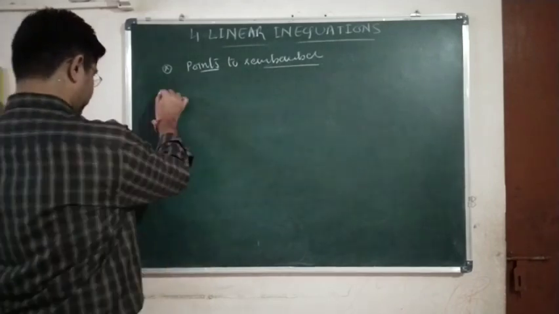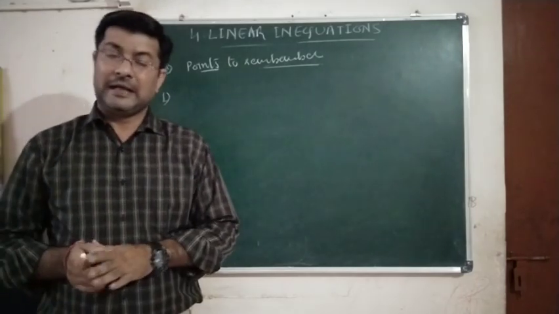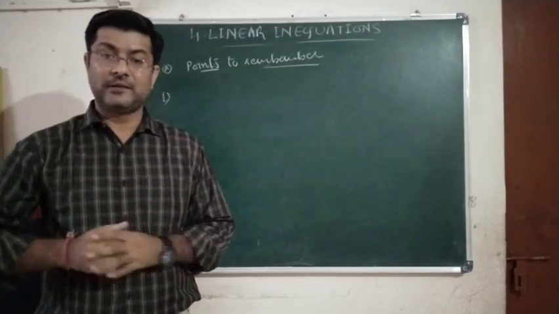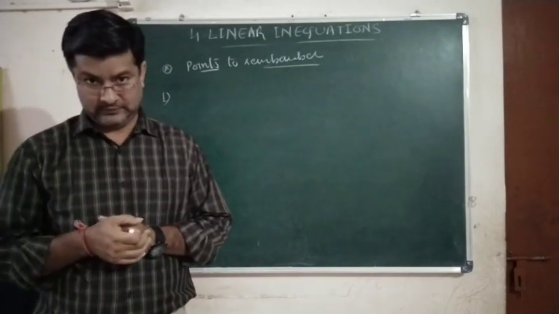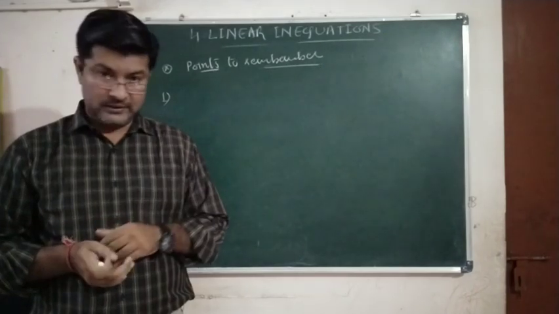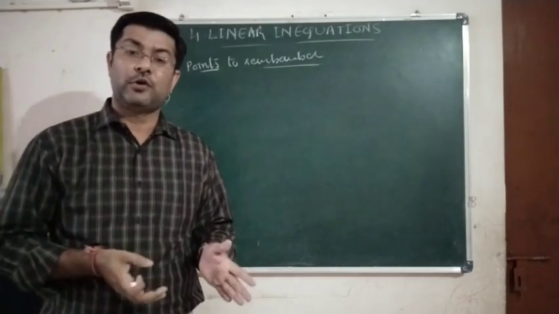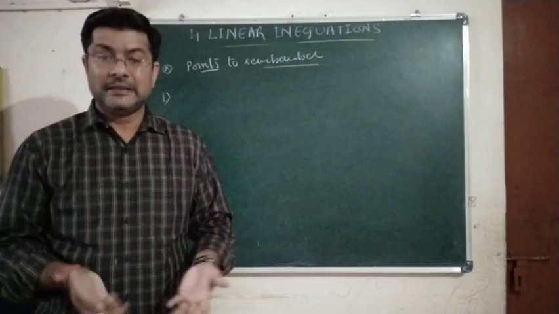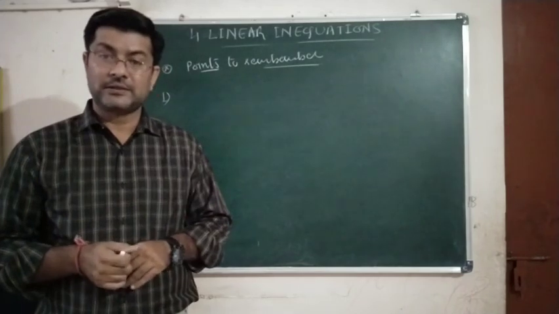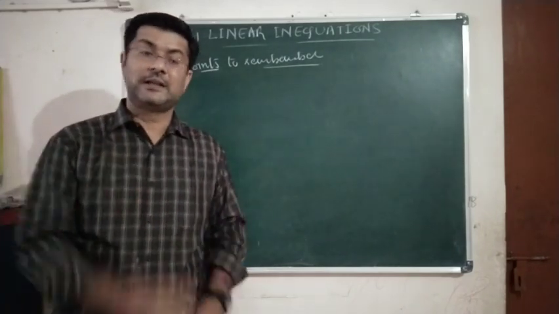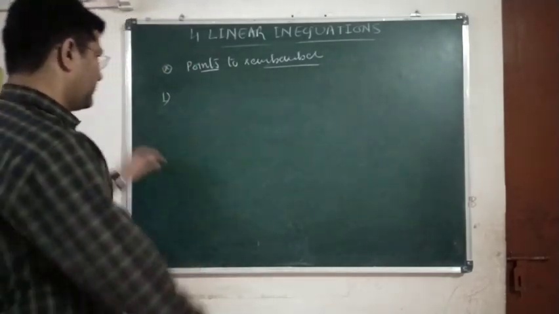Okay, point number 1. If you add any positive or negative real number on both the sides of a given inequation, or in simpler words, if we add or subtract any number on both the sides of a given inequation, the inequality will not change. Okay, addition and subtraction I will write down in separate points.